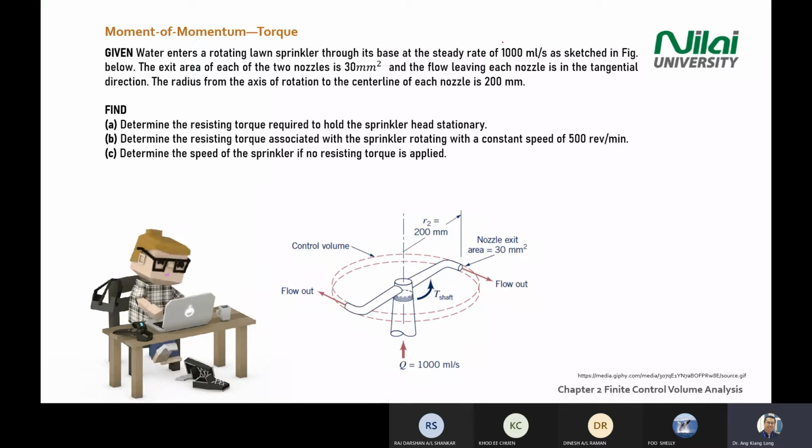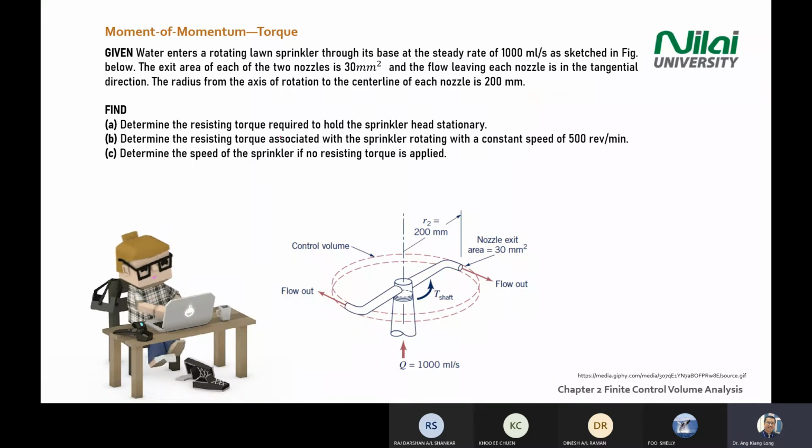We have a sprinkler system that is fed with a 1000 ml per second steady flow from the bottom. The exit area of the two nozzles is given as 30 mm square. The flow leaving each nozzle is in the tangential direction. It is this one. The radius from the axis of rotation is given. The arm R2 is 200 mm. You need to do three things.